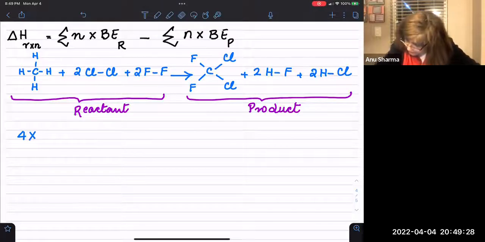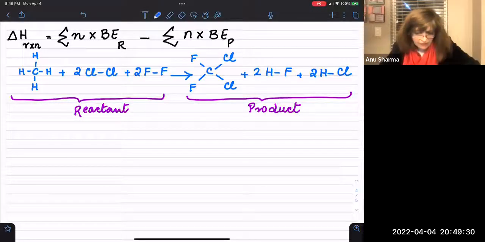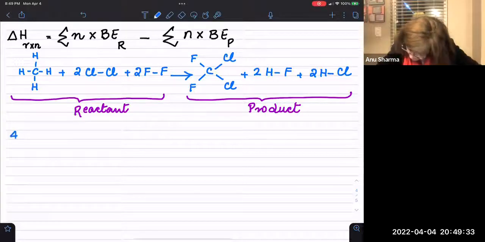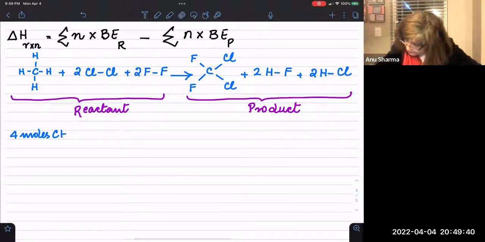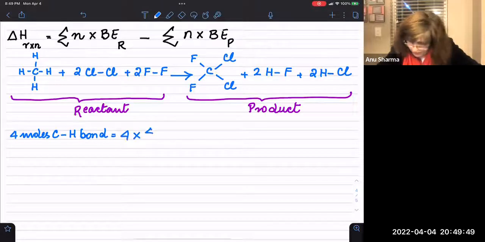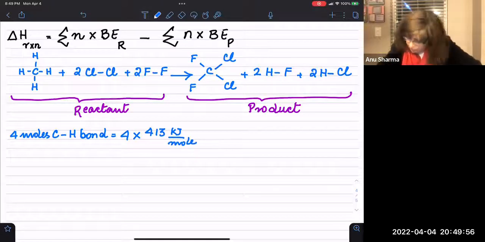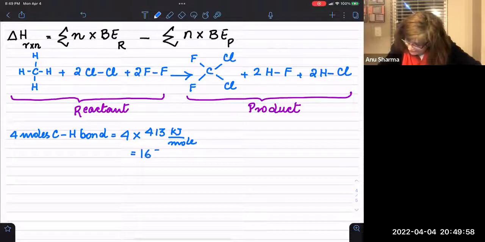So let's do this here. 4 moles of C-H bonds is equal to 4 times 413 kilojoules per mole, and that comes out to be 1652 kilojoules.